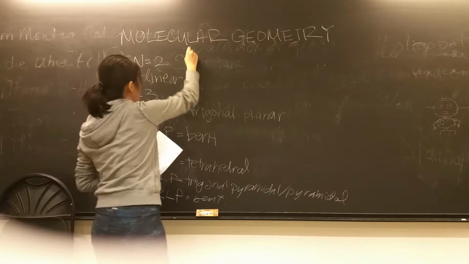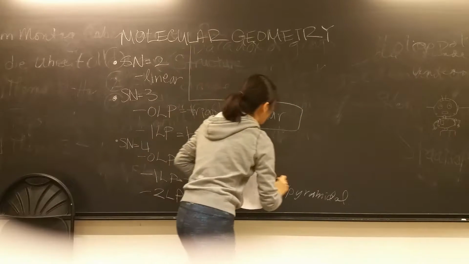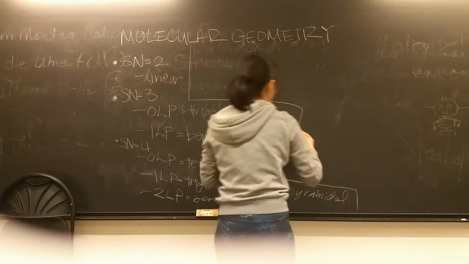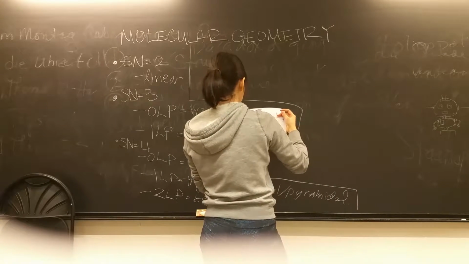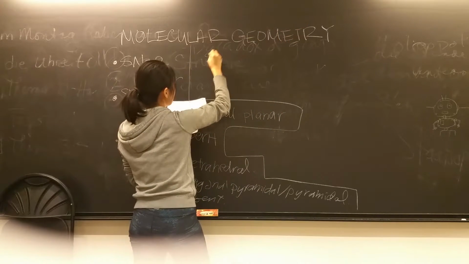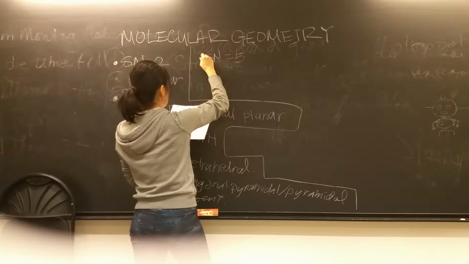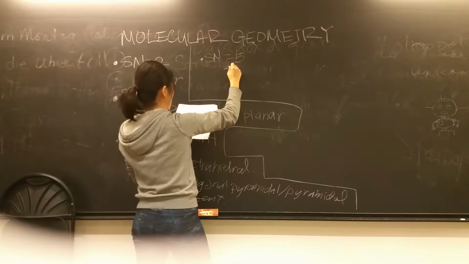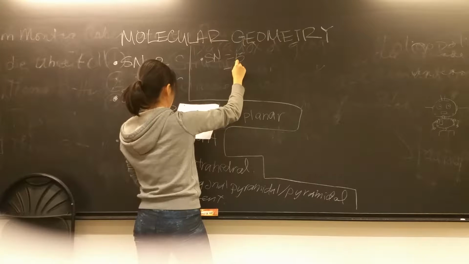So now that we have steric number 2, steric number 3, steric number 4 with all the corresponding lone pairs that these things can have. So if you have a steric number 5, and you have 0 lone, hold up.